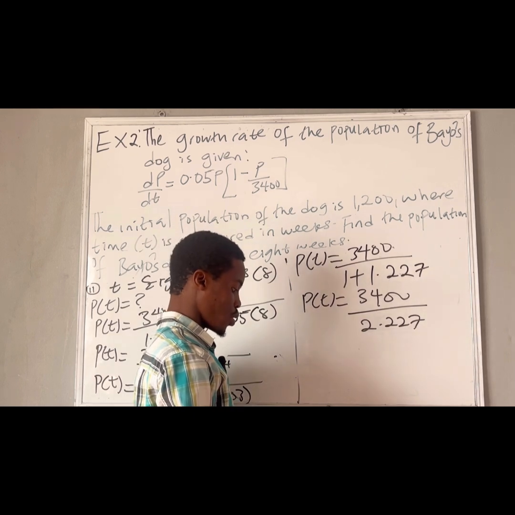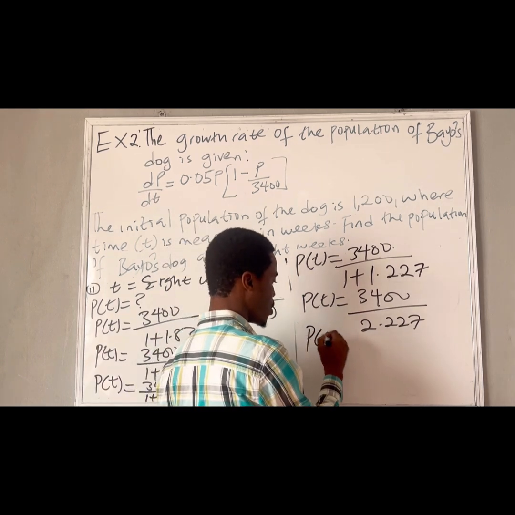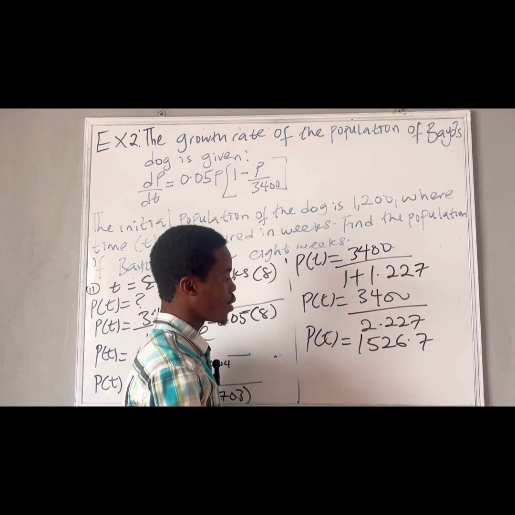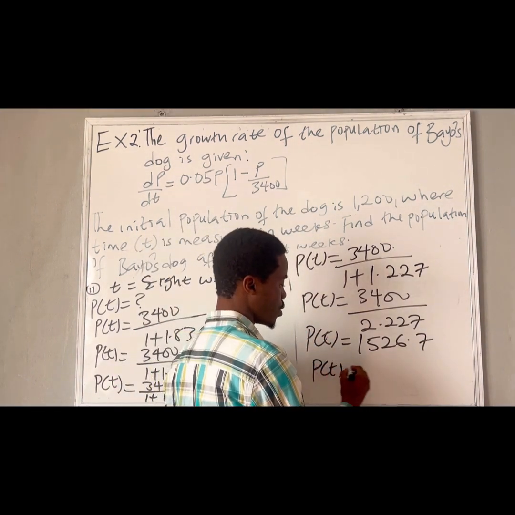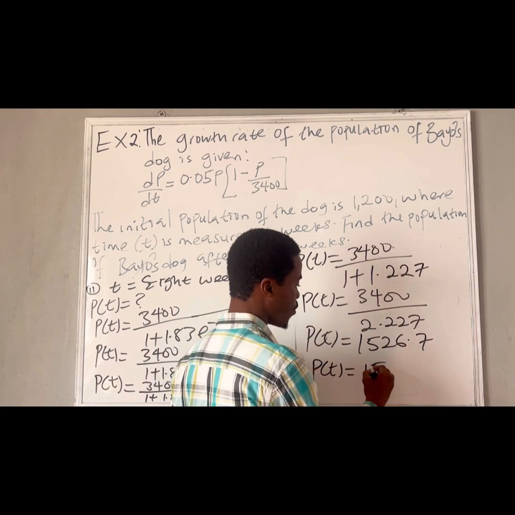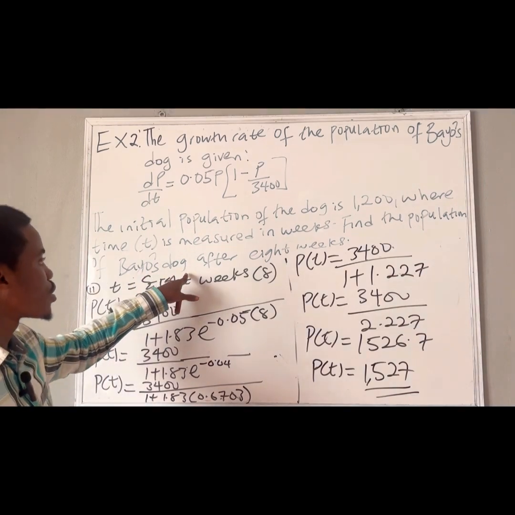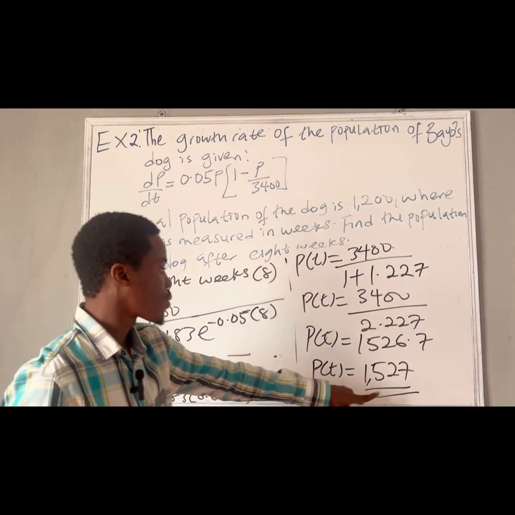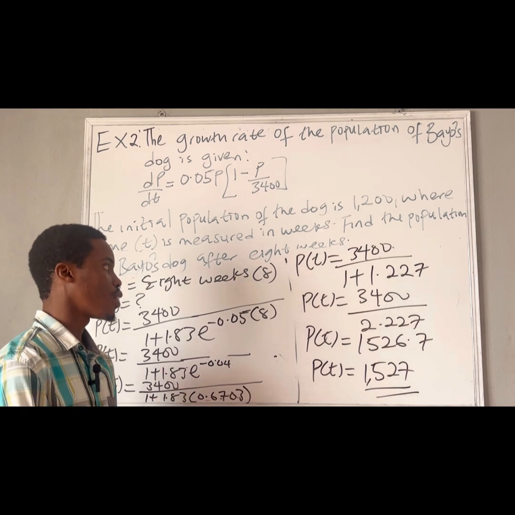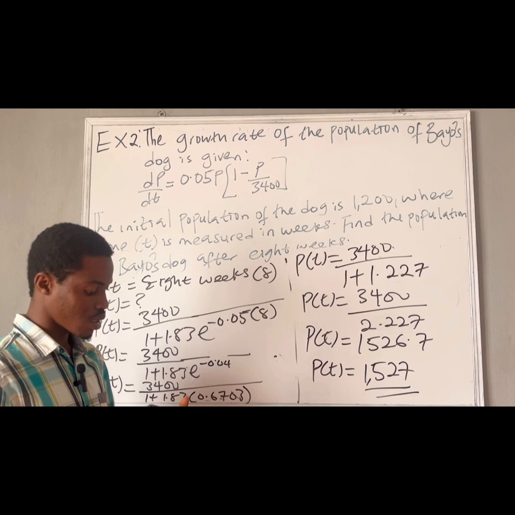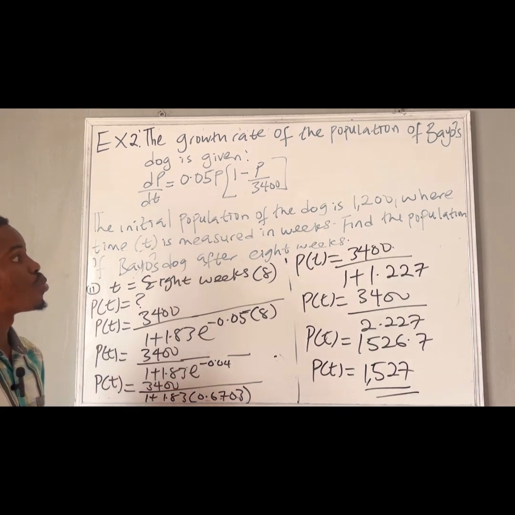If you divide 3,400 by 2.227, we get P of t as 1526.7, which is approximately 1,527. So the population of buyer's dogs after 8 weeks is 1,527. This is how to solve the growth rate of the population of buyer's dogs.